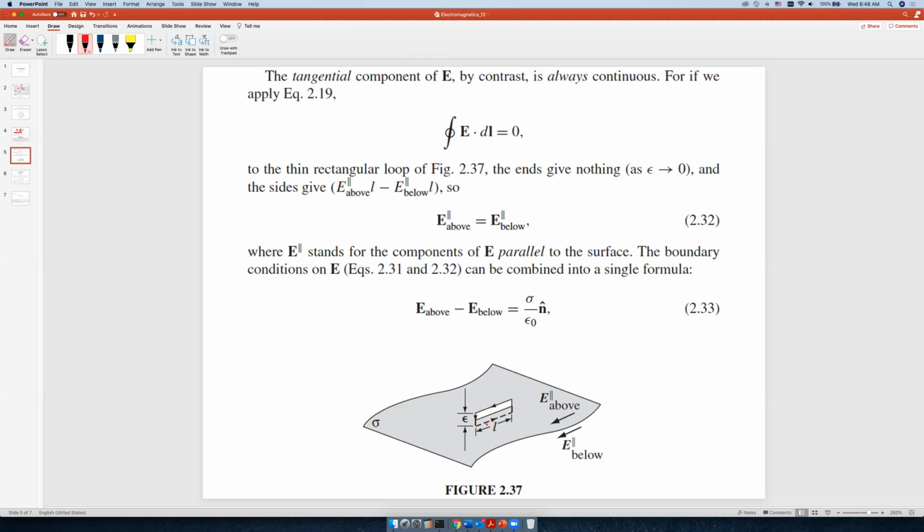And then at the bottom of the rectangle, you get a negative E parallel times L, because your direction of E is still going to the left, but your direction of the line is going to the right. So it yields a negative sign.